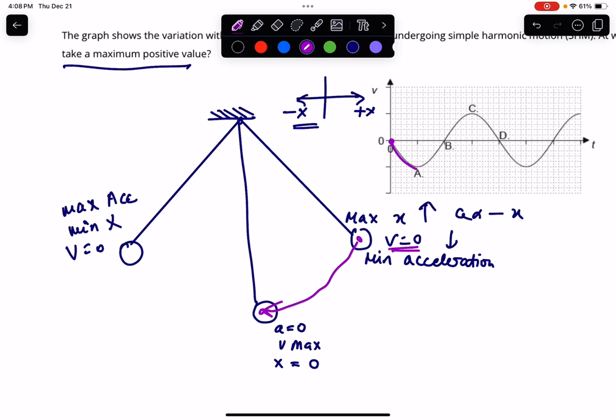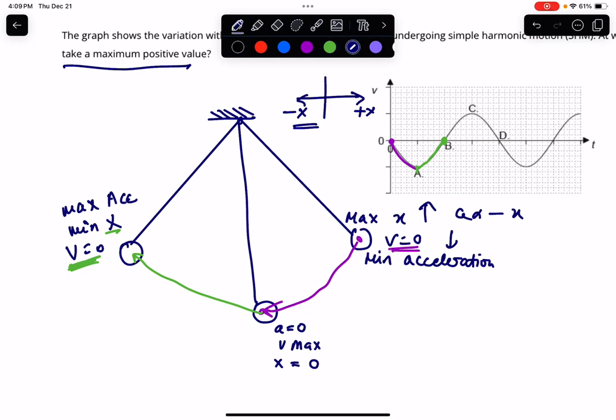Okay? Then after that, the object is still going to the left, so the velocity is still negative, but it would end up going off to B, right? And we know that in this case at B, the velocity is 0 at the minimum amplitude. So at B, you're at your minimum x displacement.